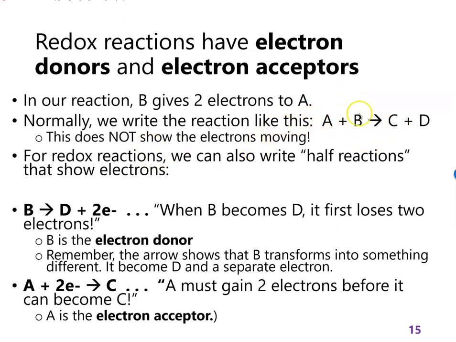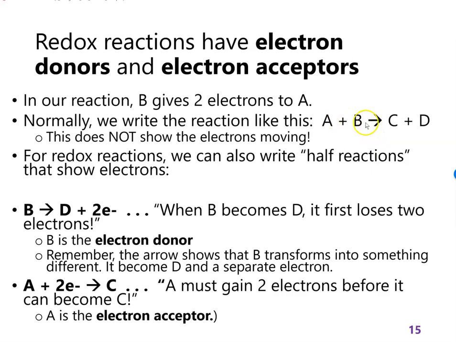So what we can do with a redox reaction is rewrite this as two half reactions. And these half reactions will involve electrons. Electrons are abbreviated e minus. So one of these half reactions, if B is donating to A, B becomes D. So remember, most of the atoms of B become D, most of the atoms of A become C. B becomes D plus 2 electrons.